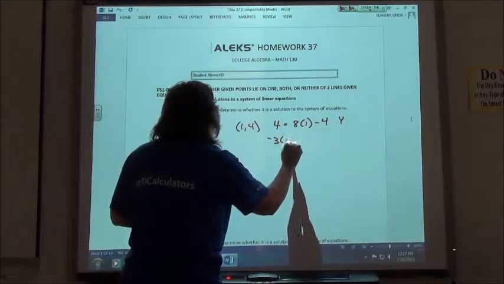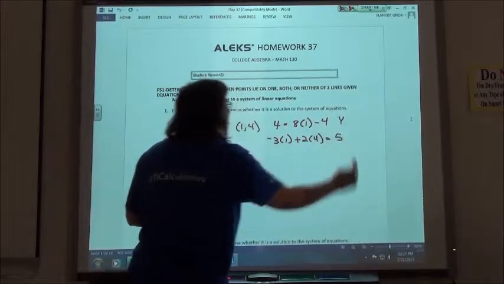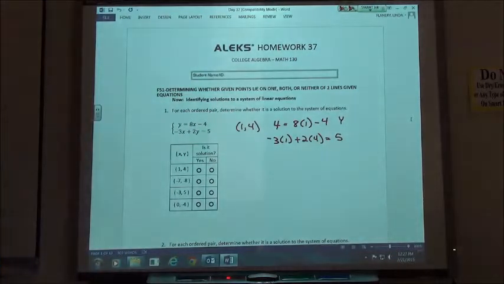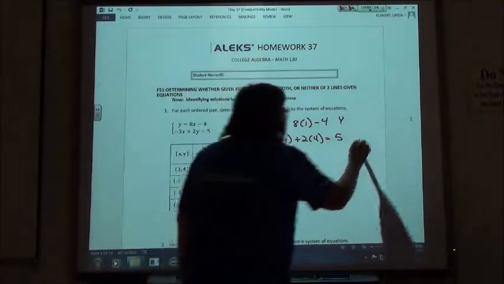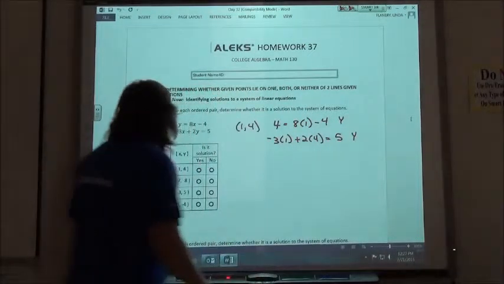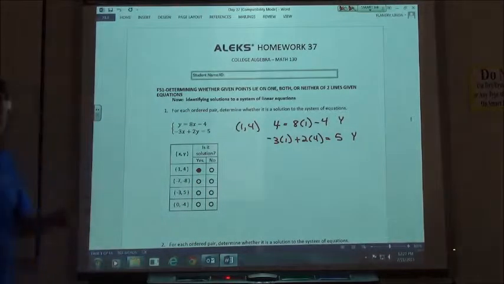Negative 3 times 1 plus 2 times 4, does that equal 5? Yes, it does. So we get a yes and a yes. This point works in the system of equations. It works in both of my equations.